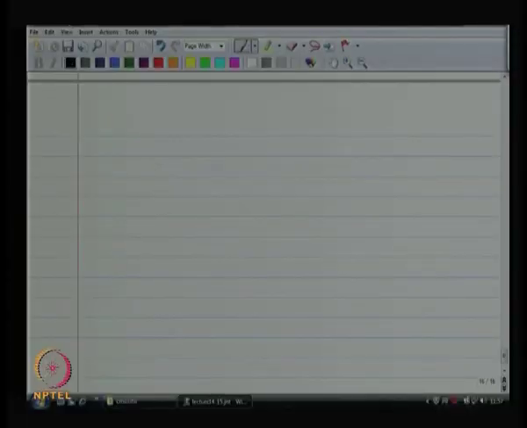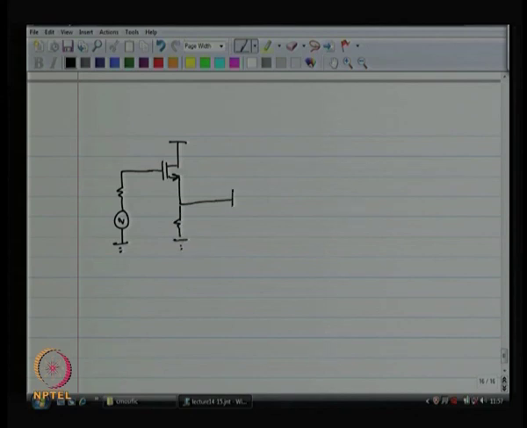So, my next design could be something that looks like this. So, I have added a buffer in front of device number 1.